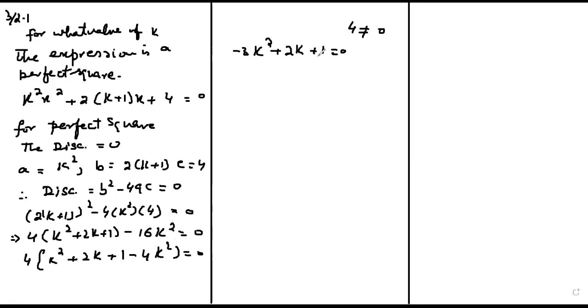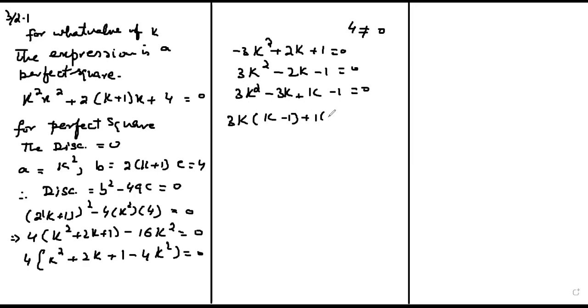So we may just take the minus common. So 3k square, sorry, it's all minus. Minus 2k minus 1 equals to 0. So just we can solve it. 3k square minus 3k plus k minus 1 equals to 0. Yes, 3k common, so k minus 1 plus 1 common, k minus 1 equals to 0. So we have k minus 1 times 3k plus 1 equals to 0.